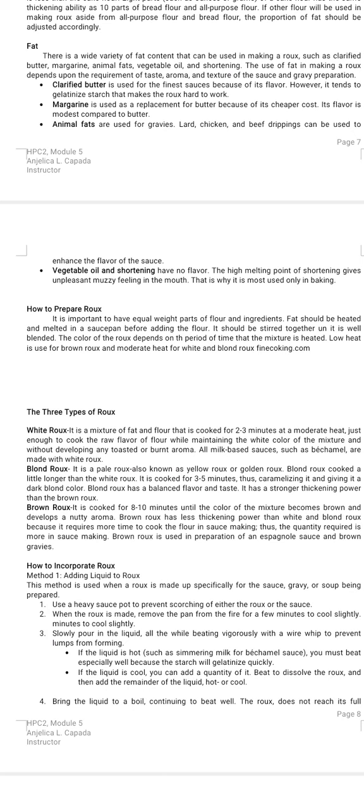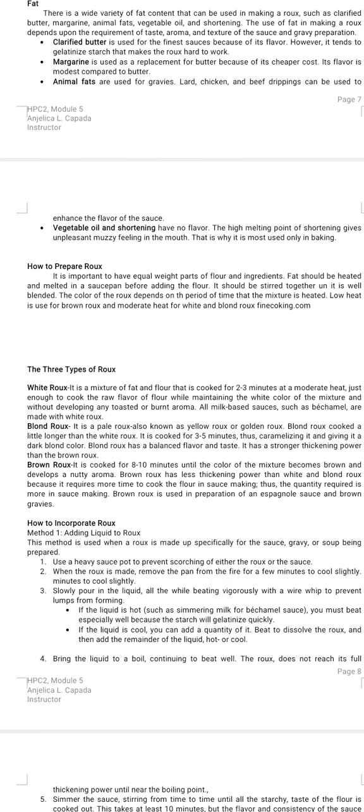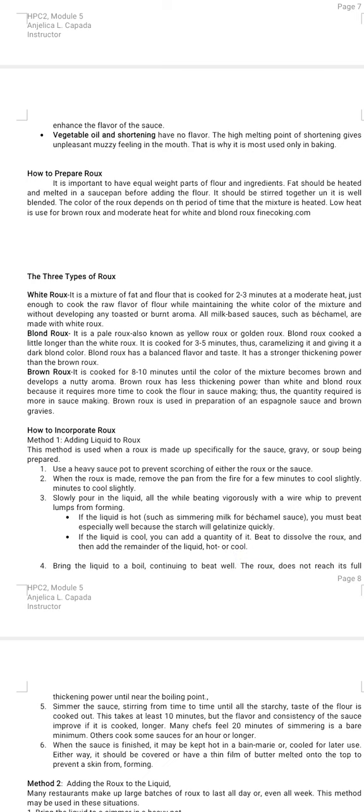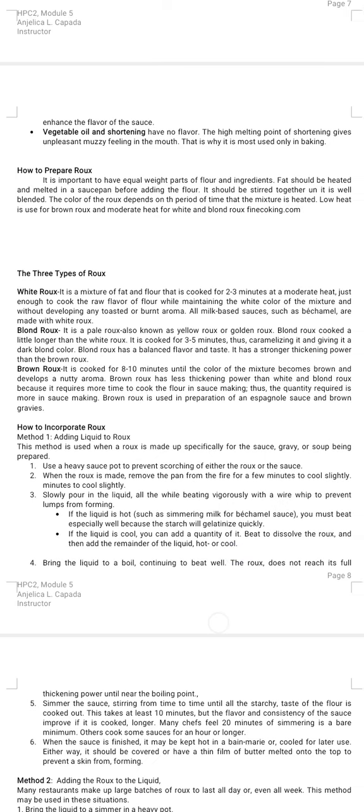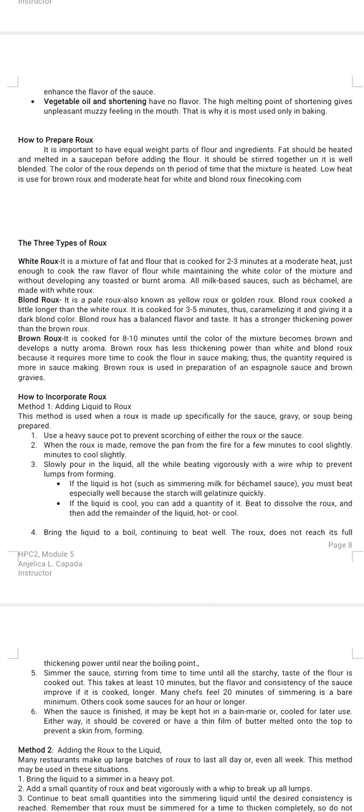Next, animal fats are used for gravies. Vegetable oil and shortening have no flavor. The high melting point of shortening gives an unpleasant massive feeling in the mouth. That is why it is mostly used only in baking.